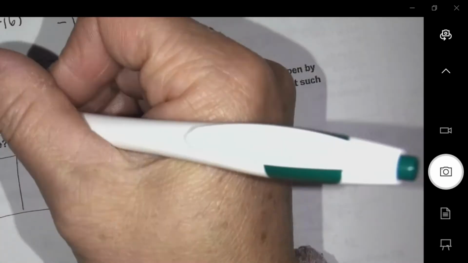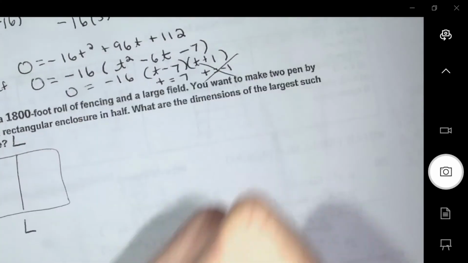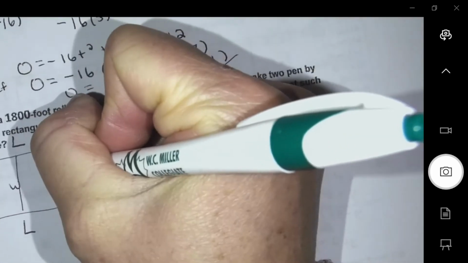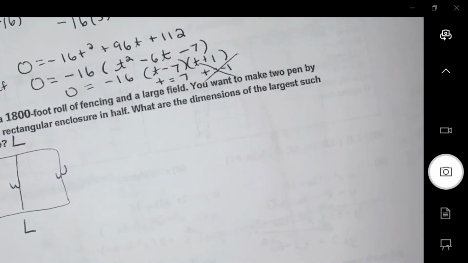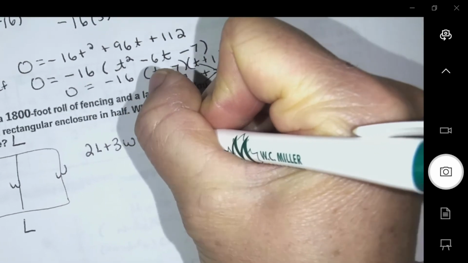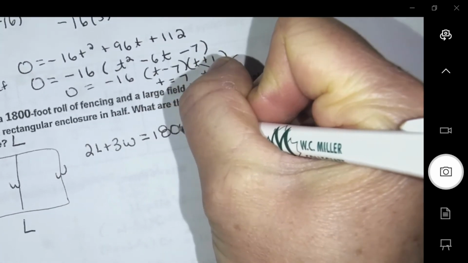Okay, I'm going to put that side and that side as an L. And I'm going to put these sides as a W. All together, those side lengths, I have 1,800 feet. So all of those sides would make 1,800.